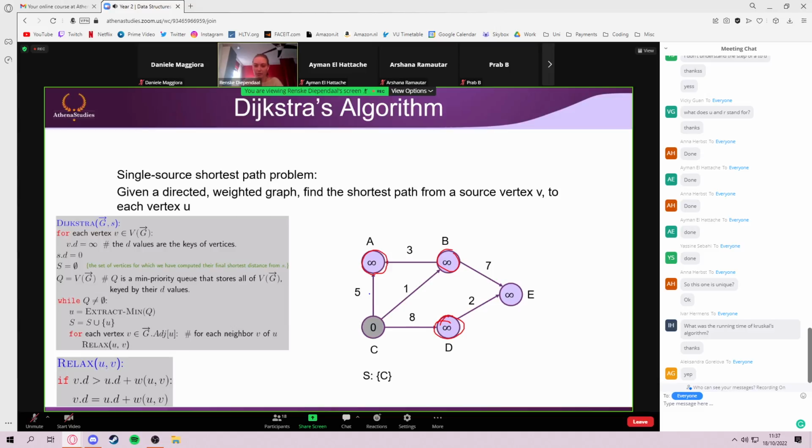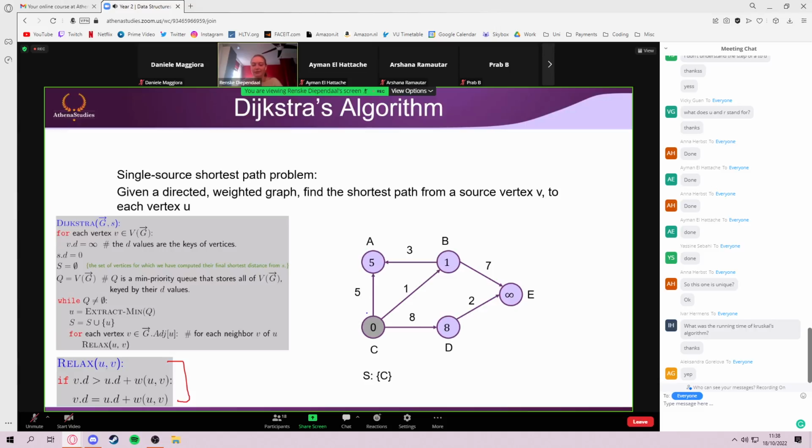And we want this value to be the path that we can take. So for now, we can go from C to A with path 5. 5 is smaller than this infinity, so we replace it. Then for this one as well, we can go there using this path. So it's a 1 instead of infinity, and this one has an 8 instead of infinity. So we just replace it. This is the relax function, basically.